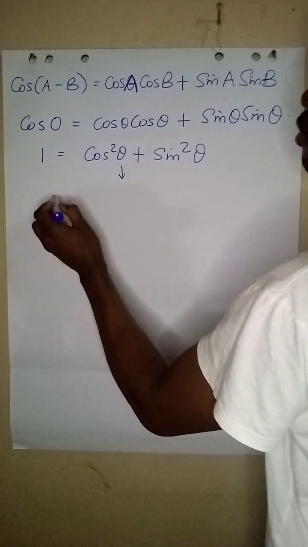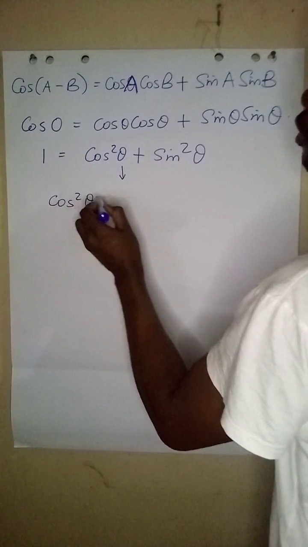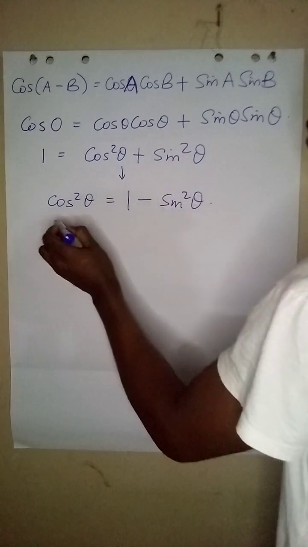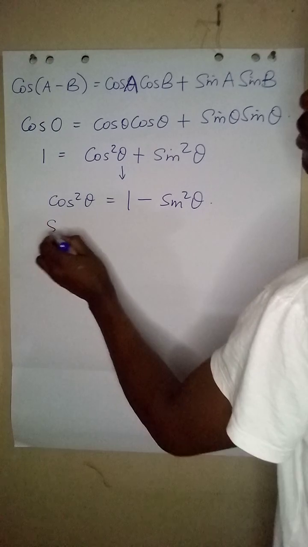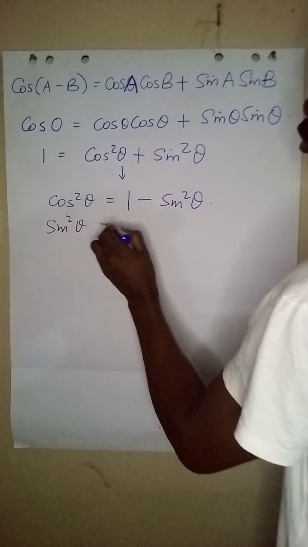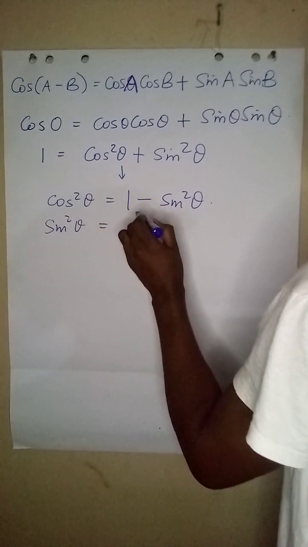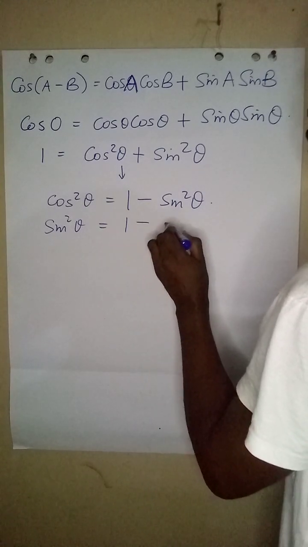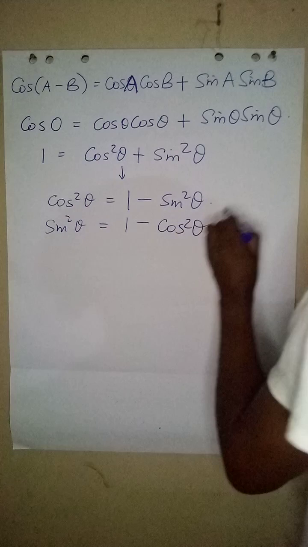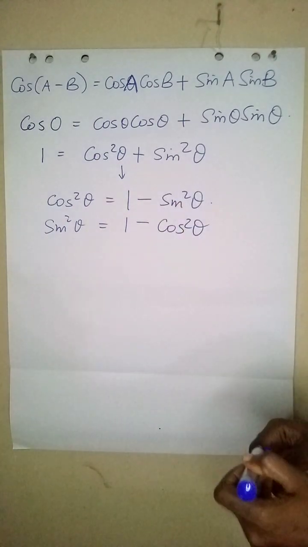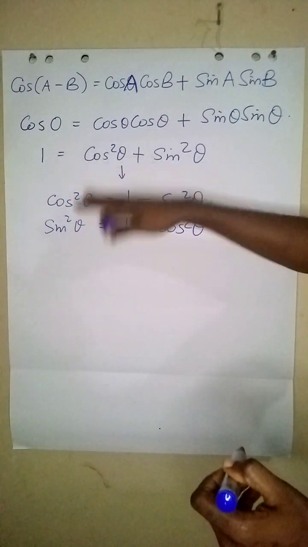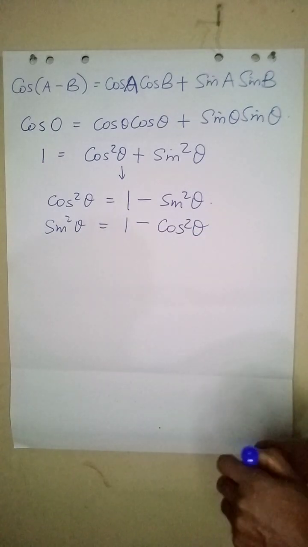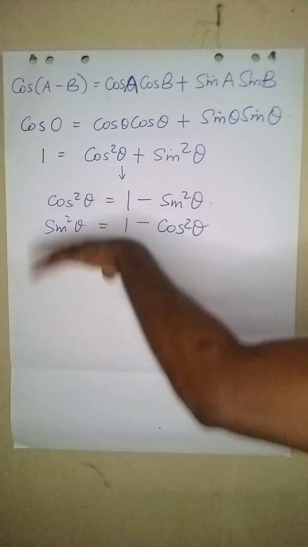You can also write cos square theta to be 1 minus sine square theta, and sine square theta to be 1 minus cos square theta. You can have this from here by simply making cos square theta subject of the formula and sine square theta subject of the formula respectively, to have these two new equations.